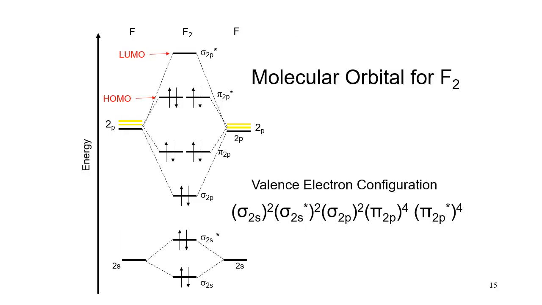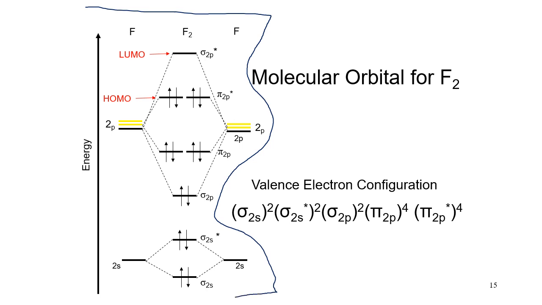This is a molecular orbital for F2, diatomic molecule F2. On the left here, you can see the energy level diagram for F2. And then on the right here, you can see the valence electronic configuration is different from the normal one that we learned before.